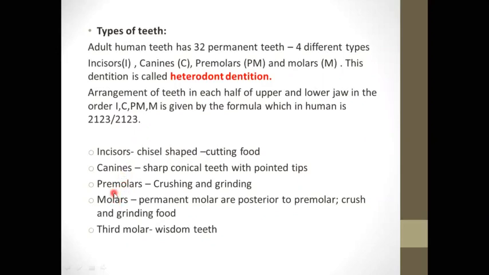The premolars are used for crushing and grinding, and molars are also used for crushing and grinding. So these are the different types of teeth along with their shapes and the functions of each type in the digestive system, starting with the alimentary canal of the mouth.